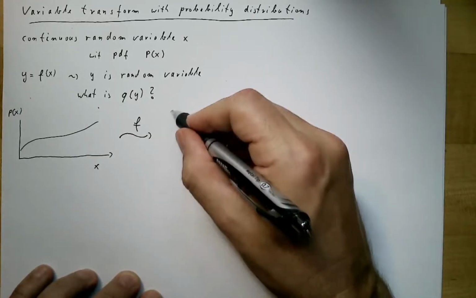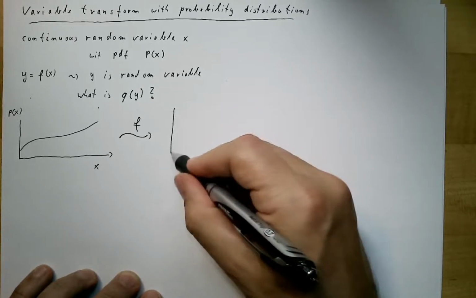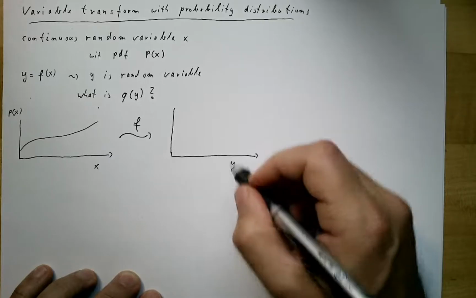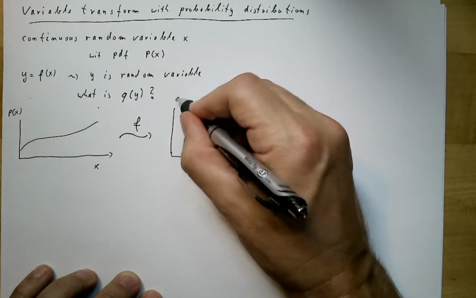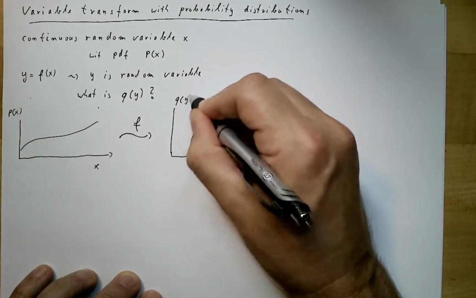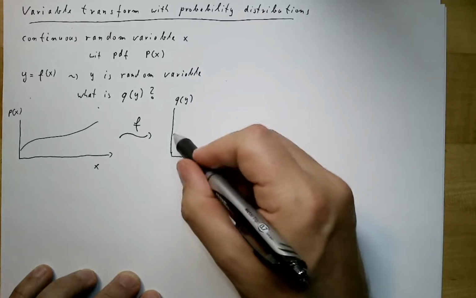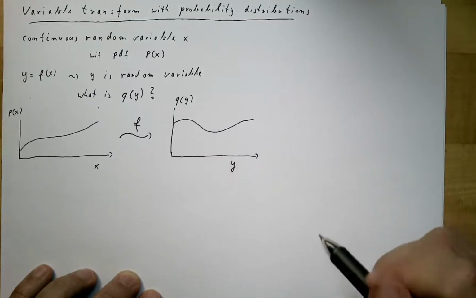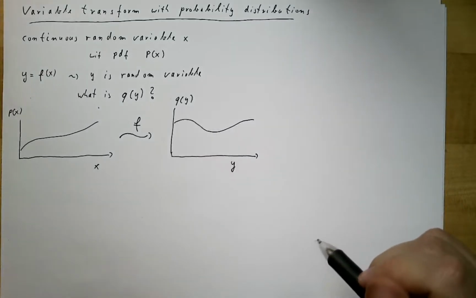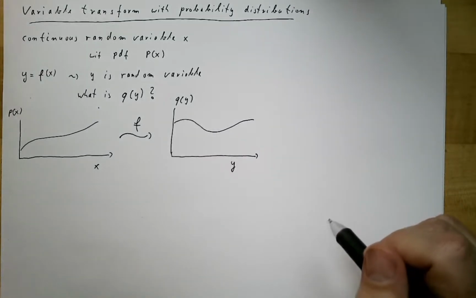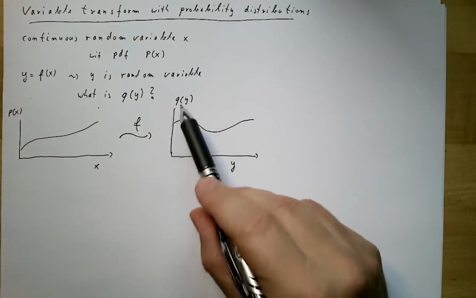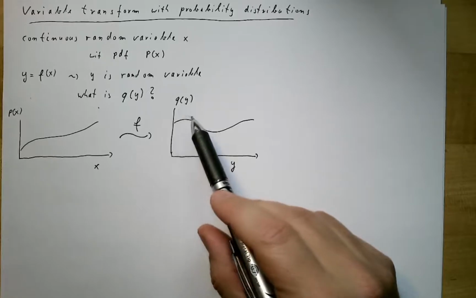We go over from x to the variable y. And now we want to know what is the function q of y, which might look a little bit different. So that's the problem. Now how can we calculate this q of y?